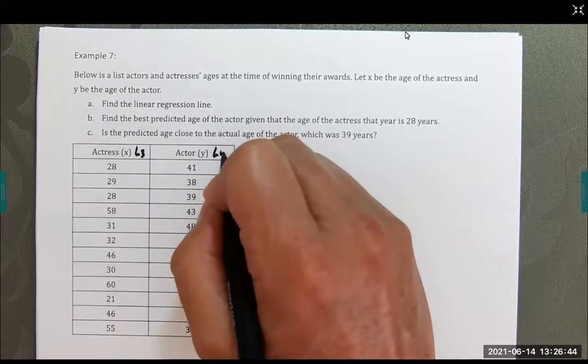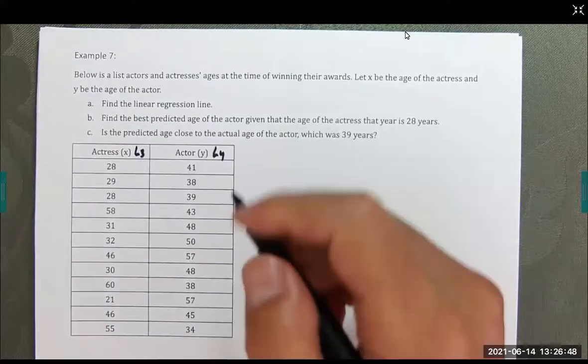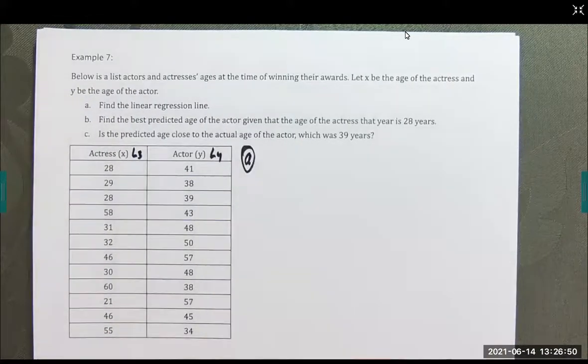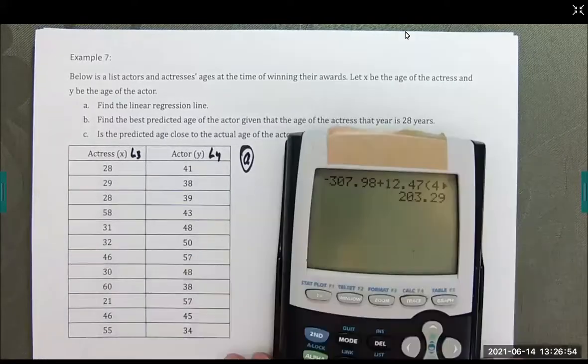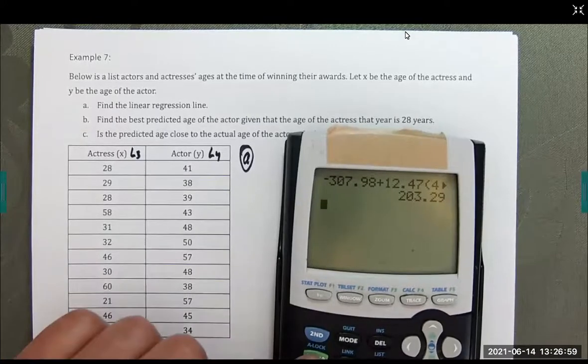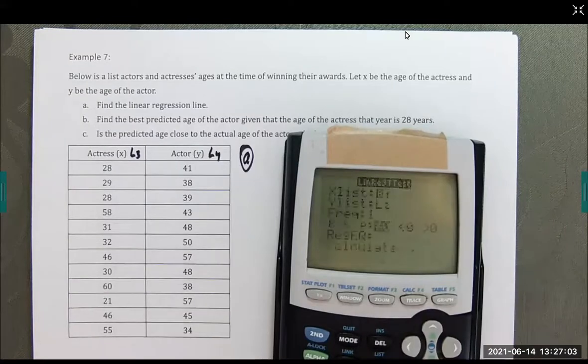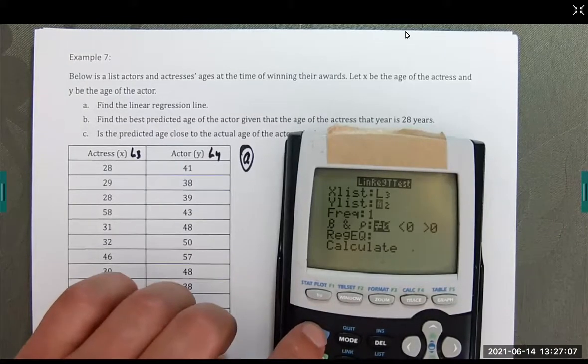You may pause the video, but we're going to go ahead and run stat test linear regression t-test, and this is now list 3 and list 4.